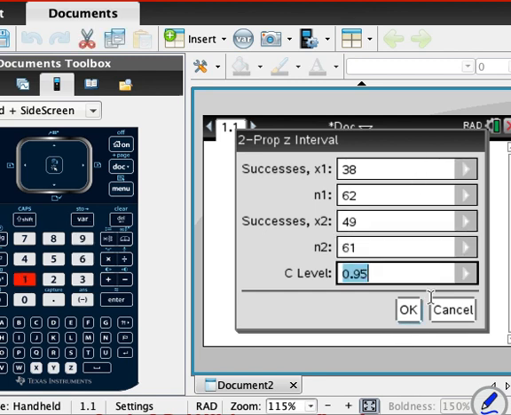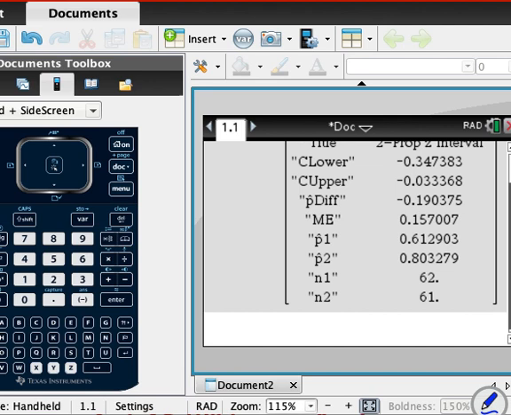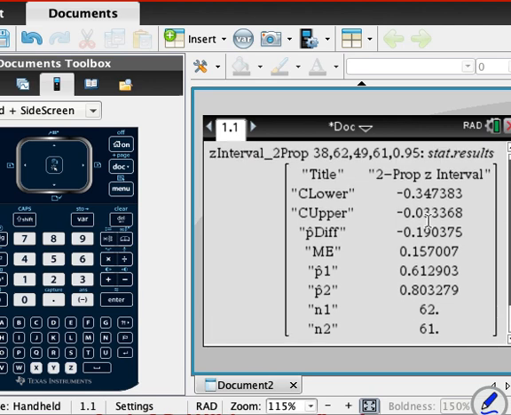Confidence level of 0.95. So again, just each of the groups here and the number of successes. And then what you see here, this was between about 3.3% and 34.7%. That's what we calculated yesterday. And so that's kind of helpful there. It also gives you the difference between the two proportions, and what the individual proportions were.